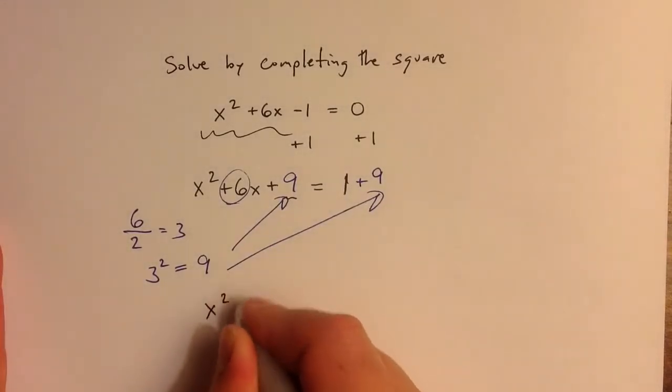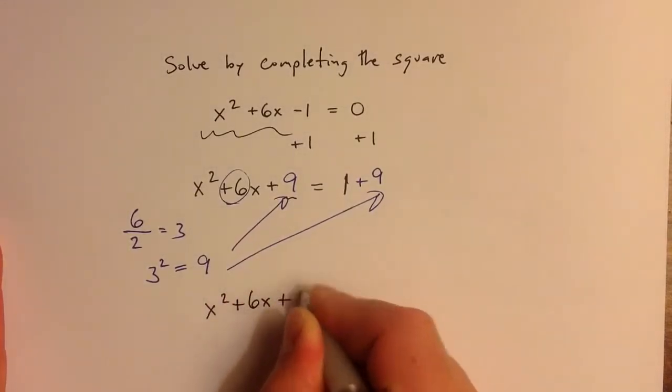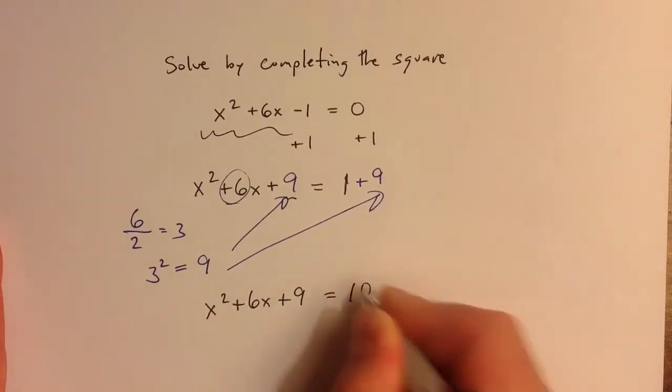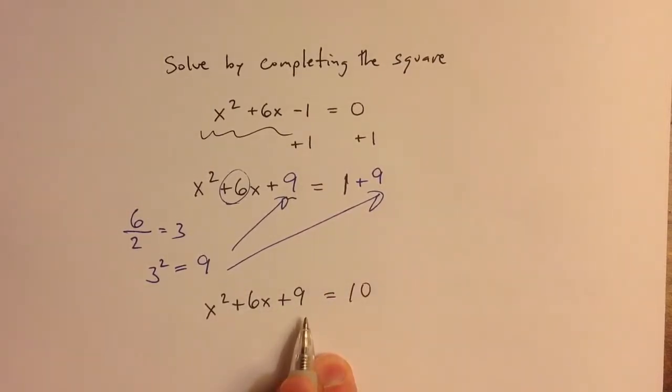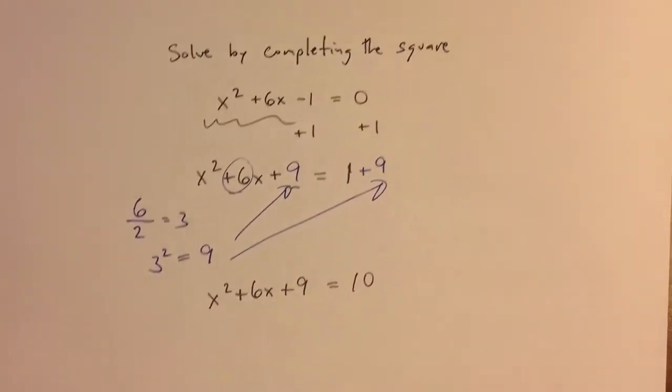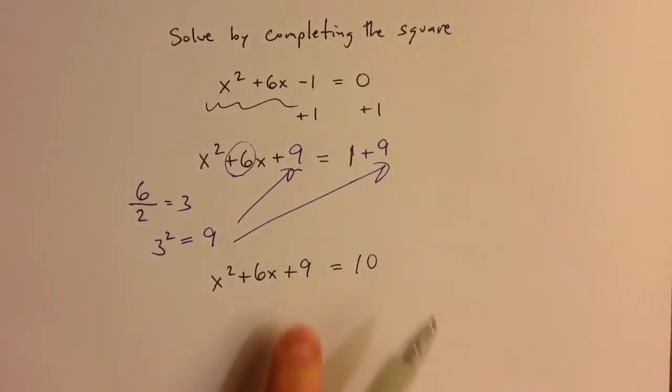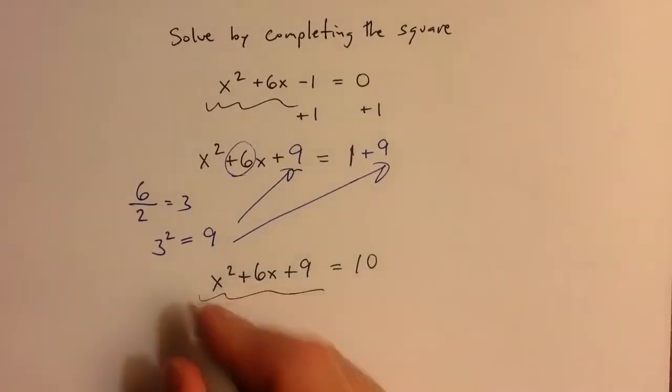So x squared plus 6x plus 9 equals 10. So 9 is the special number that I chose to complete the square, because if you think about it, let's try to factor this side.